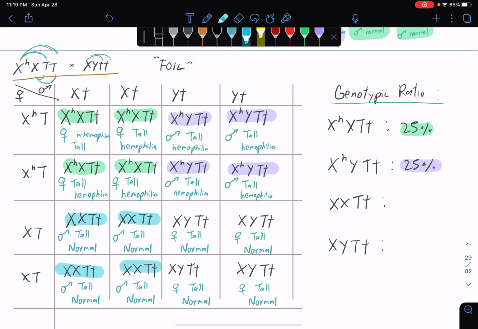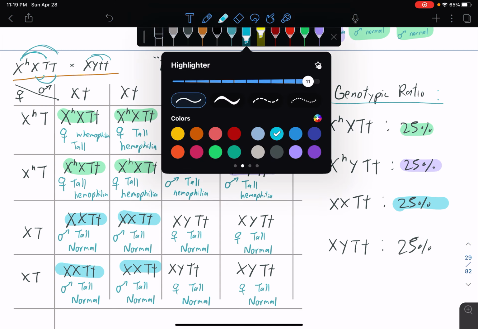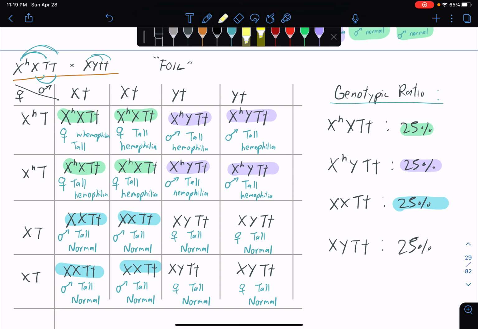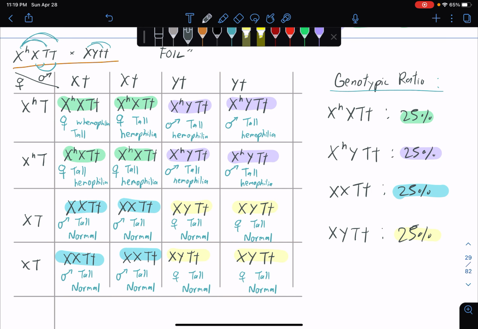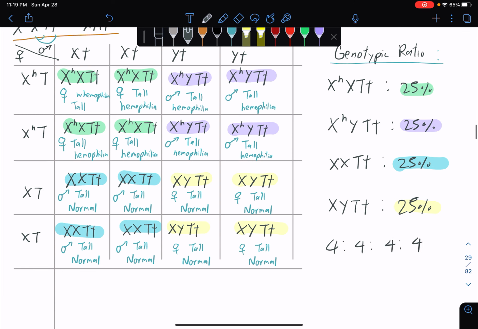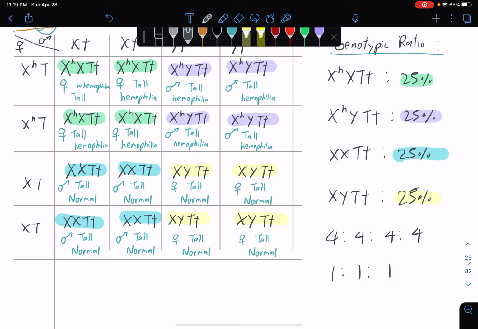I believe this and this belong to another 4 over 16, another 25%. And the other remaining 4 over 16 corresponds to another 25%. That's it for the genotypic ratio. Overall, let's say 4, 4, 4, 4, but this ratio can be simplified as 1, 1, 1, 1. So essentially, this is the genotypic ratio.